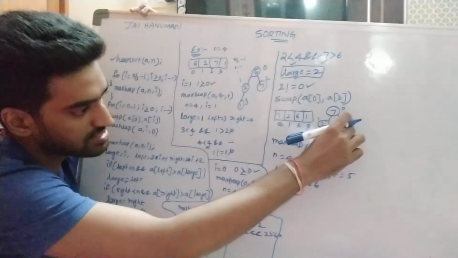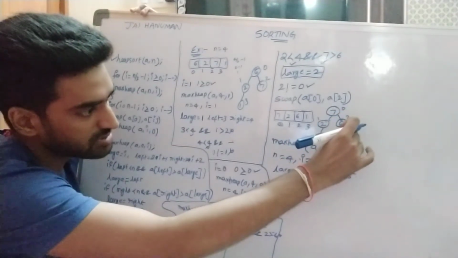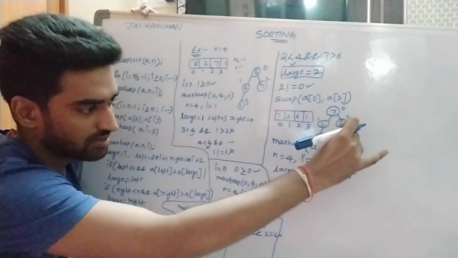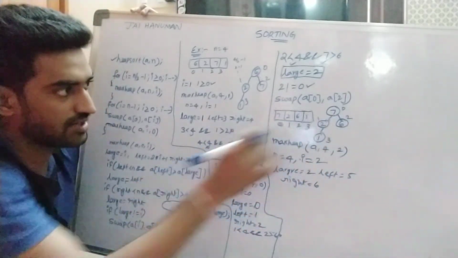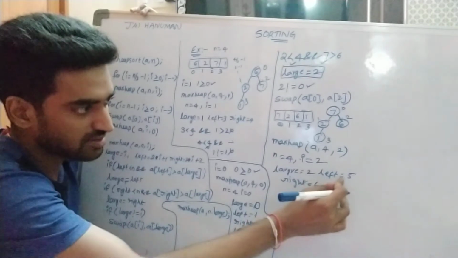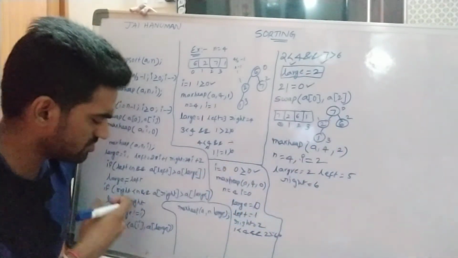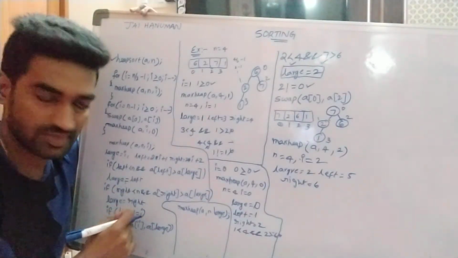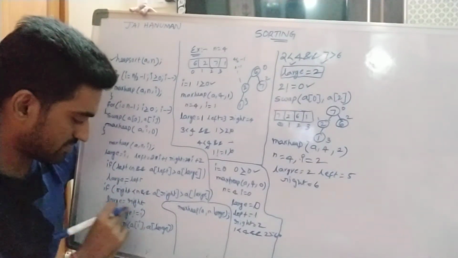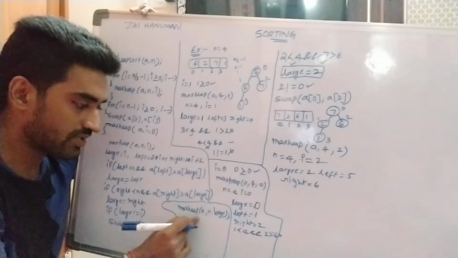Generally this is the large value. If there are any possible children, we can check these conditions: left greater than large, right greater than large. But here the 5th index and 6th index are not present in this array, so there is no need to check these conditions. Finally we check this condition, because we can stop the recursive function calling.